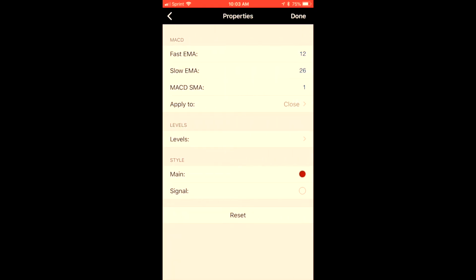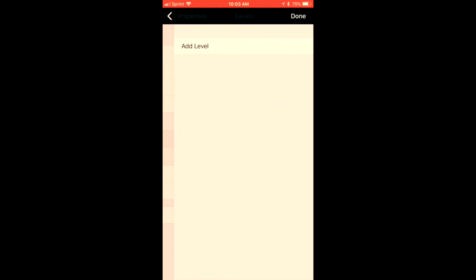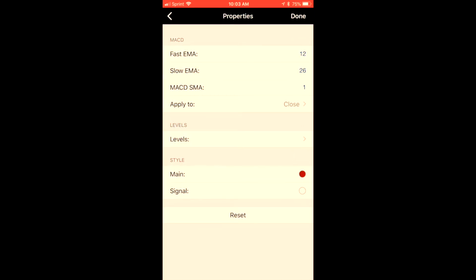How I got it set up, I got it on a fast EMA of 12, slow EMA of 26, the MACD SMA at 1. This is going to be applied to the close. There are no levels. The main is red. The signal is white.